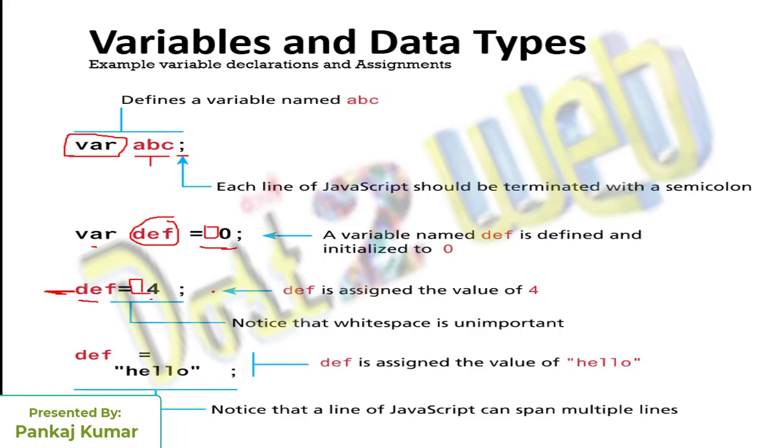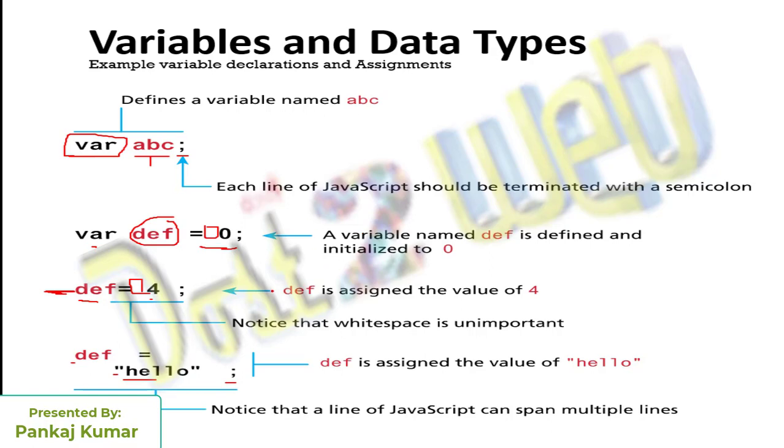The next way, suppose you want to define a string. You write def is equal to, and within the inverted commas I write hello, and then give a semicolon. The same way, it assigns hello to def. You can also write it over multiple lines, which does not matter here.